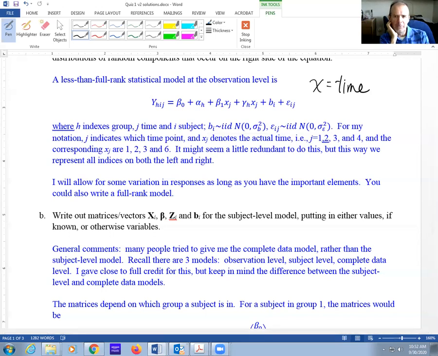It's a lot more complicated than it might seem, and there are different ways you can do it, but there are some things that technically need to be there as well. Like you could have added I within H on the random effect, because the subjects stay within groups, right? So you could have said B_I and then within parentheses H, and that would be fine too.